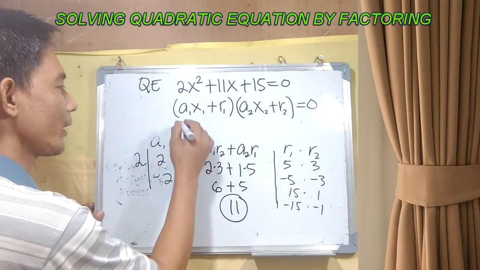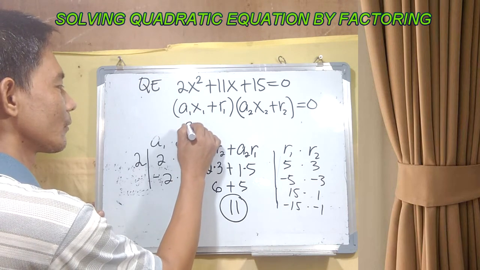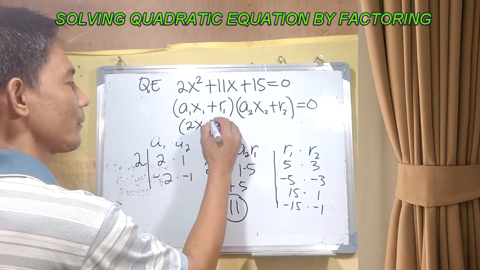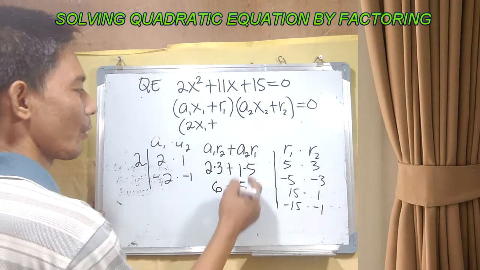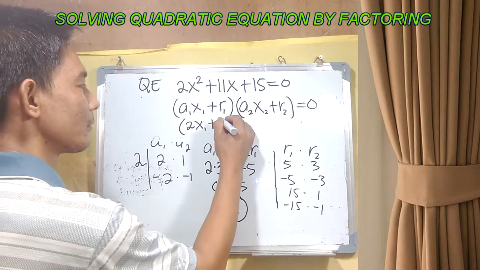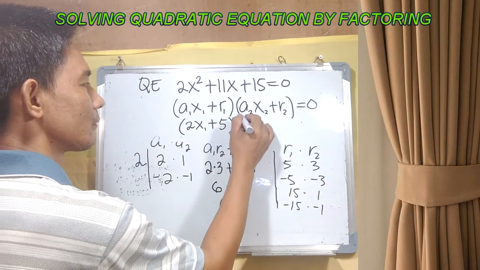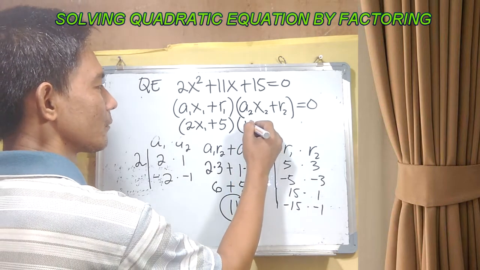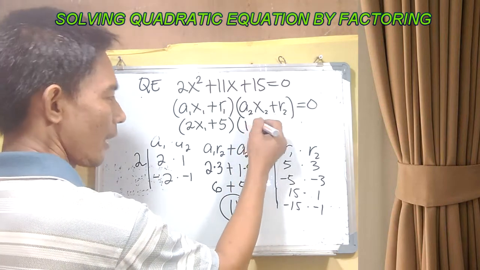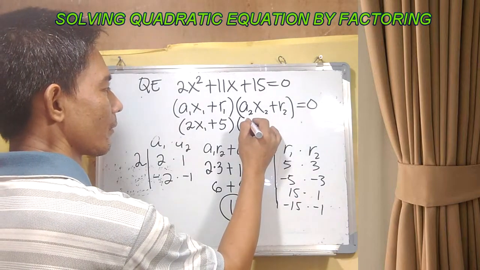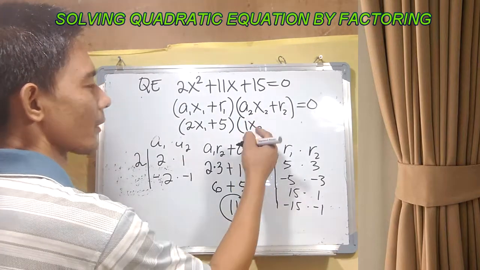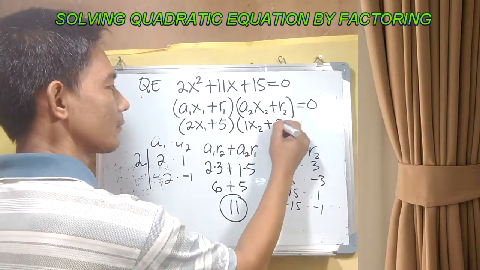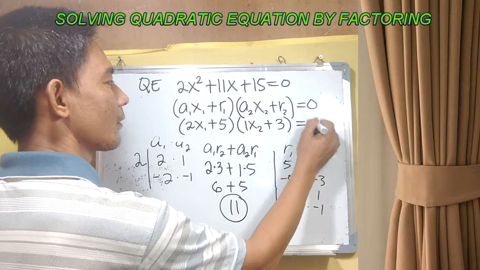So our a sub 1 is 2x sub 1 plus our r sub 1 is 5, and then a sub 2 is 1 x sub 2, then plus r sub 2 is 3, equals 0.